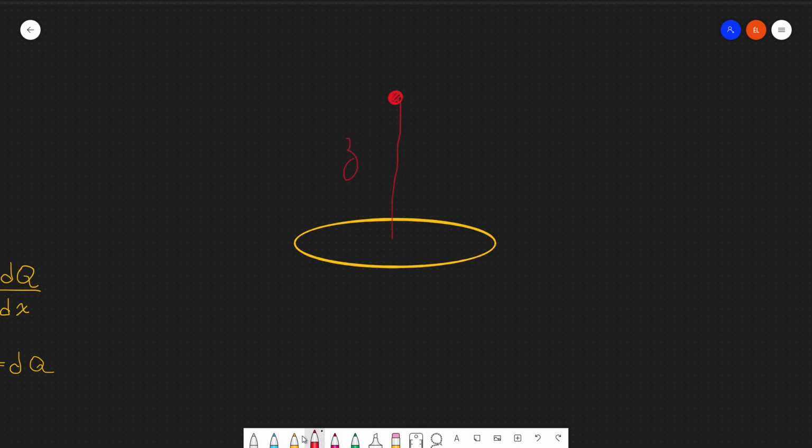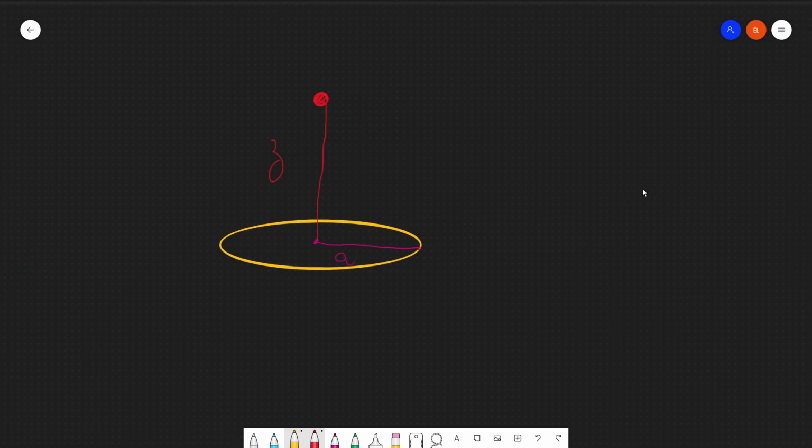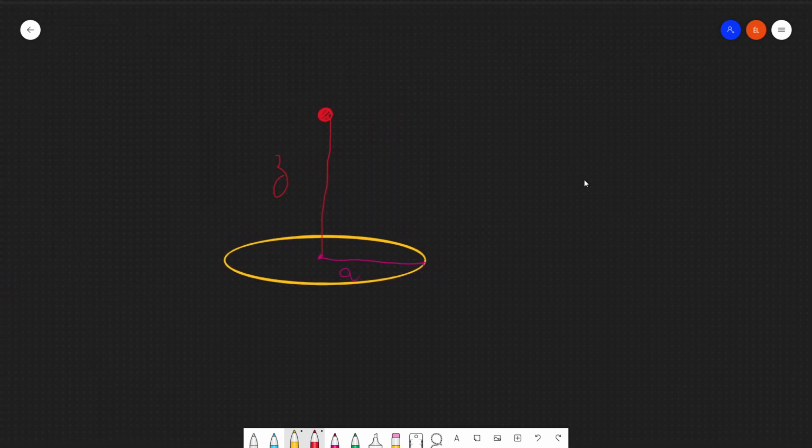And the ring has a radius of, I don't know, a again. I'm pretending I'm coming up with these variables, but they're very well established in the deductions of the proofs. But anyway, something interesting here on the ring is, say the particle is positively charged, and the ring is also positively charged. What are the consequences on the electric field?